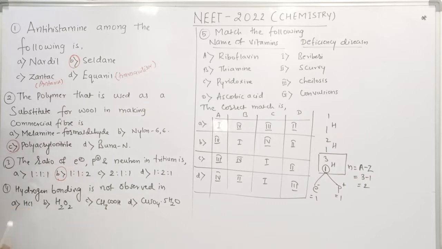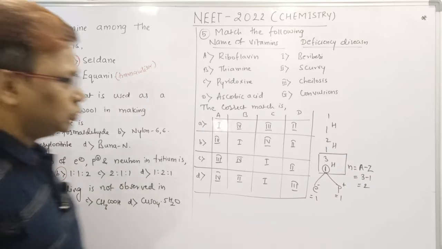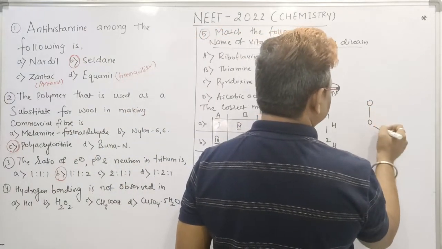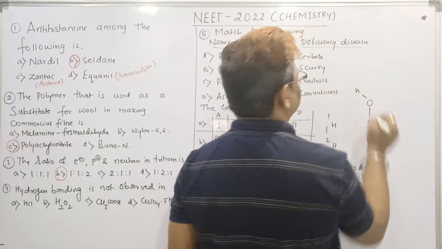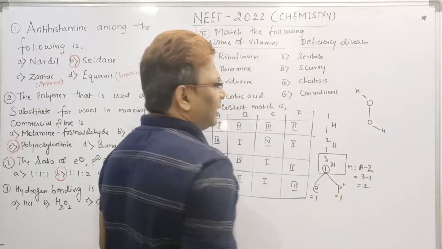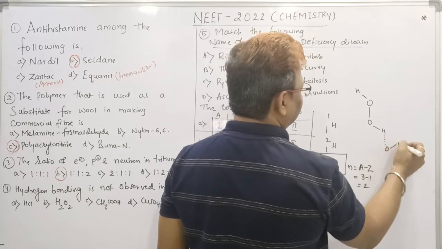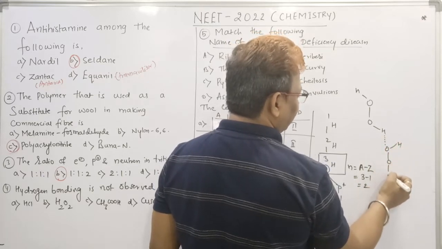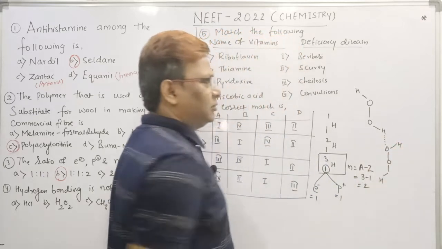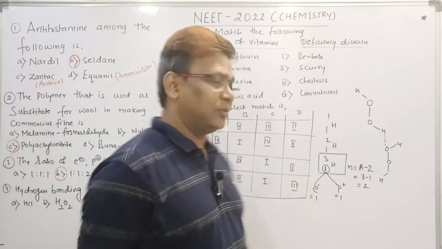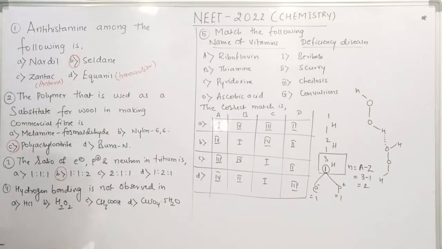Hydrogen bonding is not observed in. You know H2O2 is a molecule having hydrogen bonding. Oxygen bonded with oxygen, then hydrogen on each side. The hydrogen of this one is making a bond with the other oxygen. So we can say H2O2 molecule has hydrogen bonding. Second one, acetic acid.